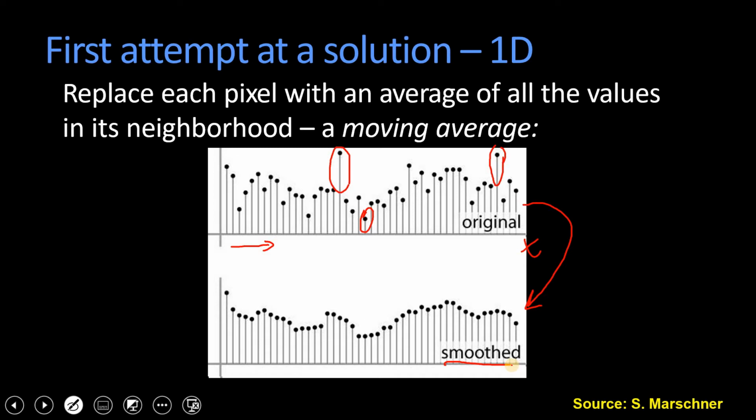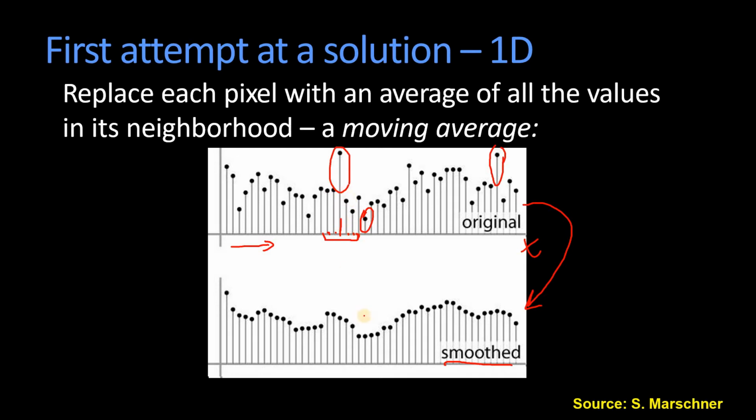So what we want to do is replace each pixel with an average of all the values in its neighborhood. We normally call it a moving average because we take an average based on the neighbors, and this average we keep on moving. So for example, here I take the average of 5 values, 1 2 3 4 5, and the value is then put over here.